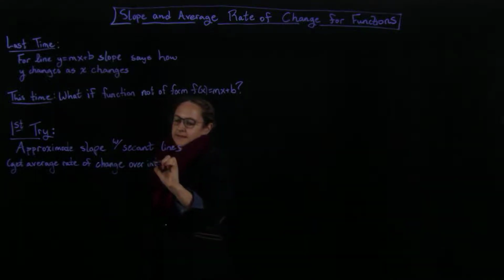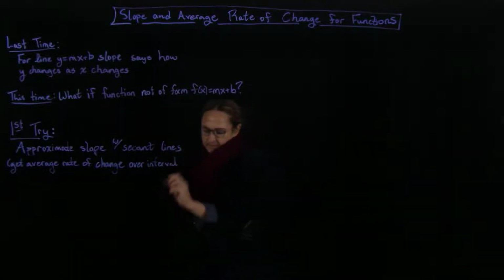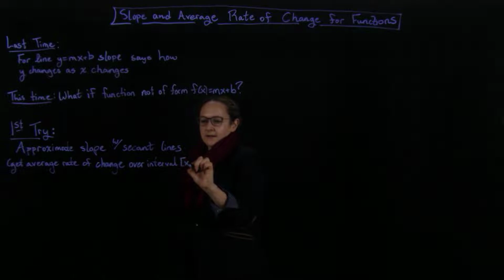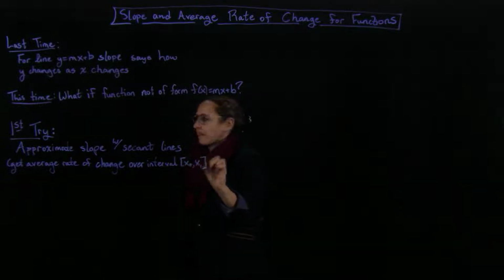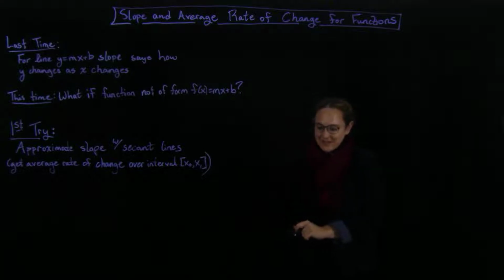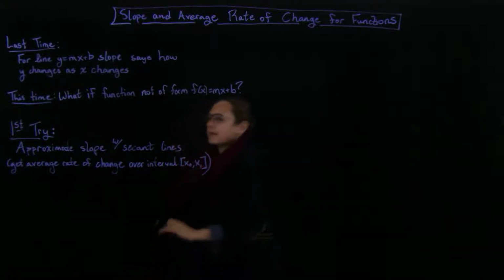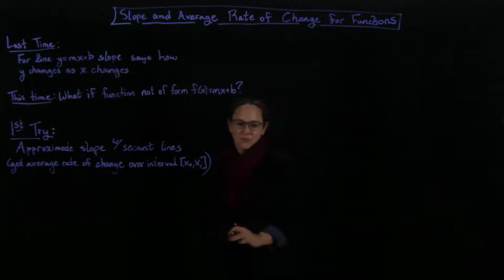Let's look at this interval: the interval x0, x1. Before I jump into what you actually end up getting there, let's look at the picture. I said I'm looking at the change of y with respect to x generally here.